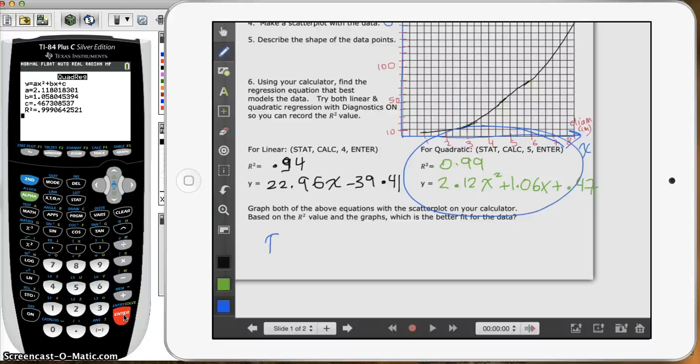R-square tells me that the R-square in quadratic is closer to 1. So that helped me decide that this is a quadratic function, okay? It's closer to 1, so that's why I know that. And the shape of the graph is a U shape, so that's why I know the best fit is the quadratic fit. Now let's move on to the back page.